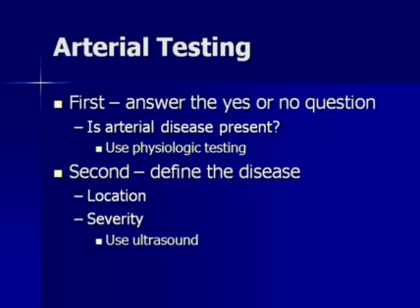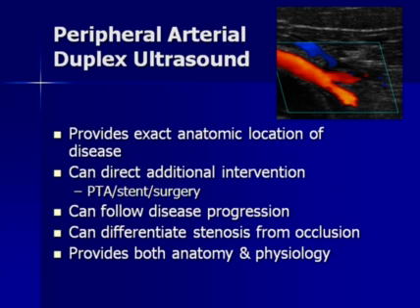And I think that physiologic testing will tell us the easiest and the quickest whether or not there is disease. Once we find out a patient has vascular disease, then we can use ultrasound to better define the disease, the location and severity, and that's where ultrasound really comes into play.